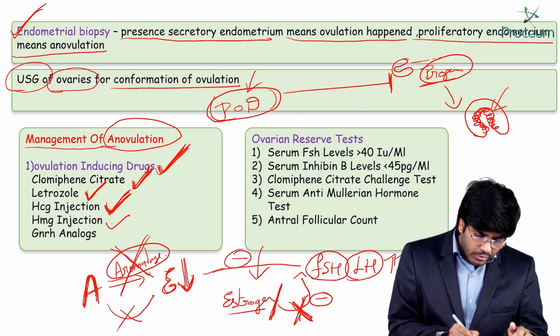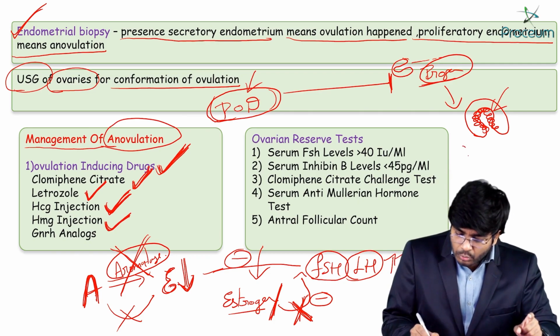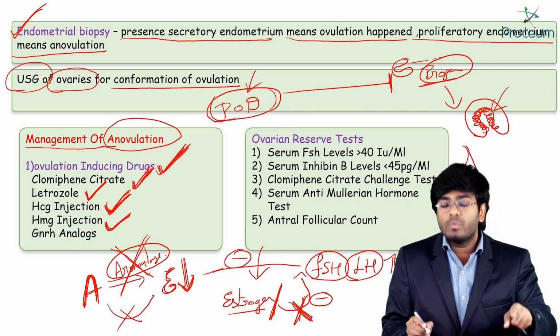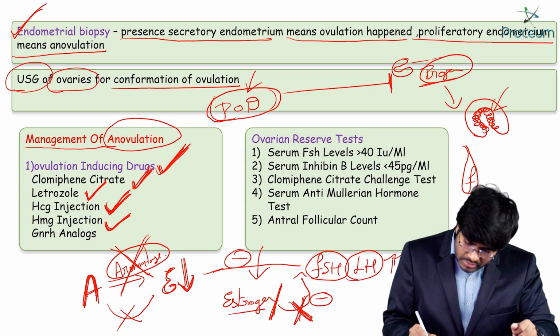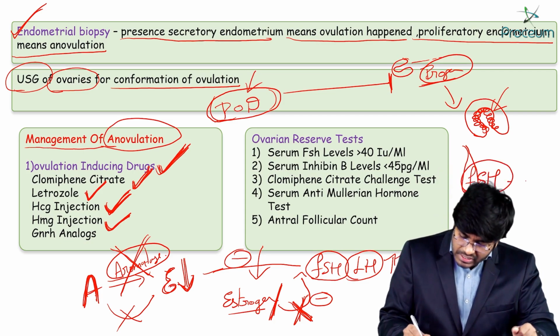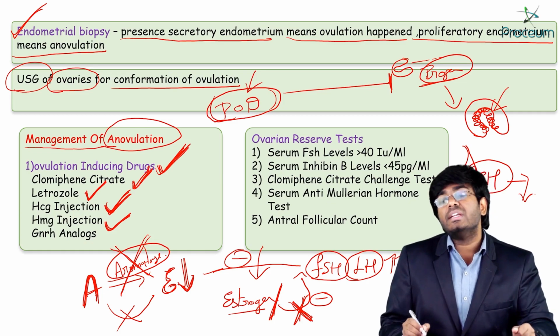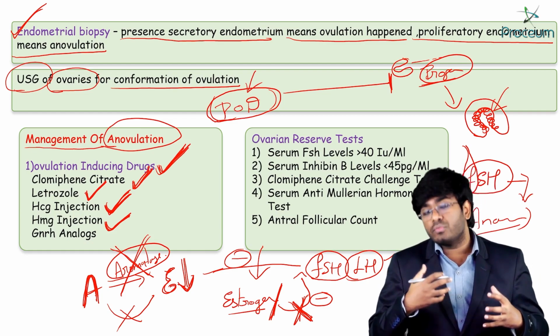And HMG, human menopausal gonadotropins. Guys, I have already said, in the urine of menopausal women, there are high amounts of FSH. So you extract this FSH and inject it into a woman who is anovulating.